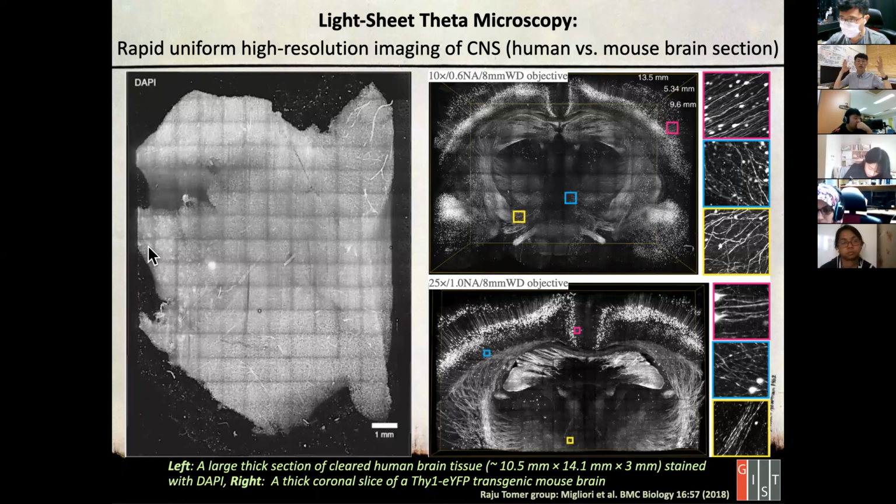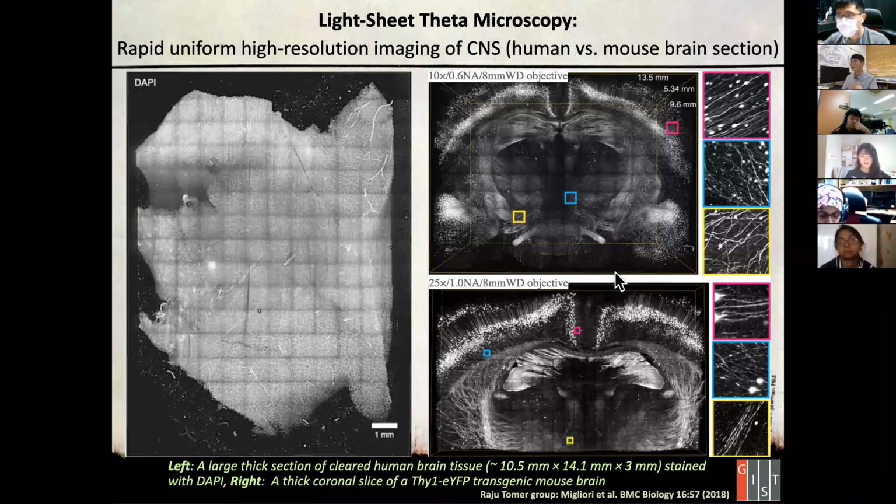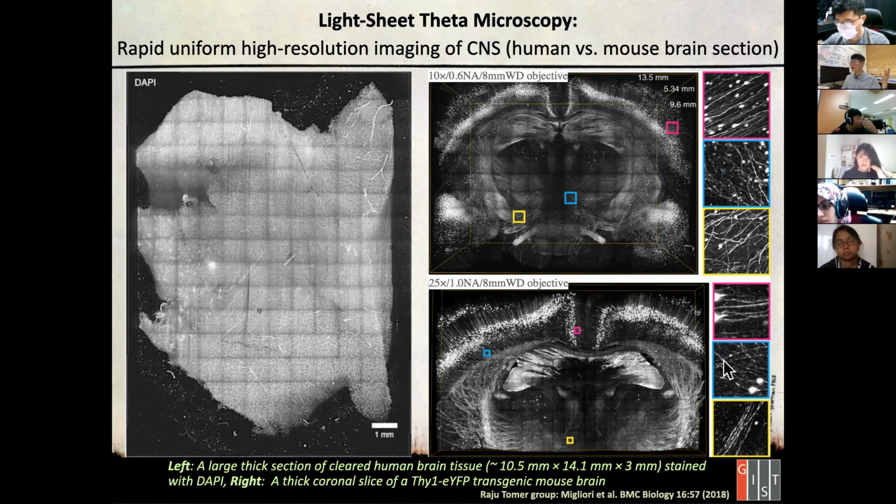Human brains are huge, so big that we have to stitch these small tiles together. And then this is a mouse brain, smaller, but you see these are special genetically modified mice whose neurons express YFP, yellow fluorescent protein, so that you can observe them in detail.